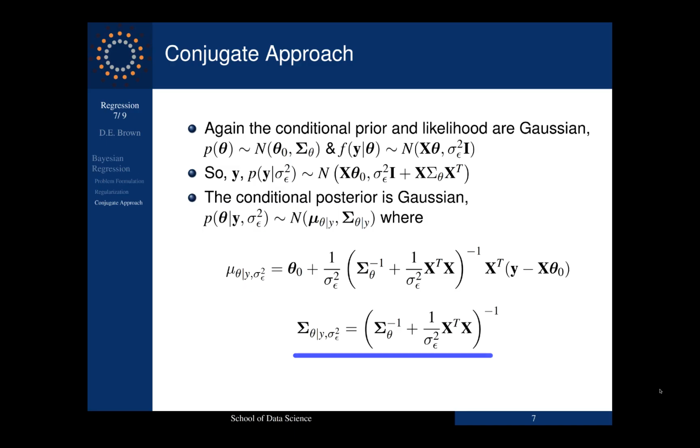And these values, you can see, have the data within them that's causing them to move away from the prior values that we specified in the prior distribution, now being altered by the data through the data matrix, and of course the variance that we have in the problem. So this gives the complete distribution for the estimate of our parameters.